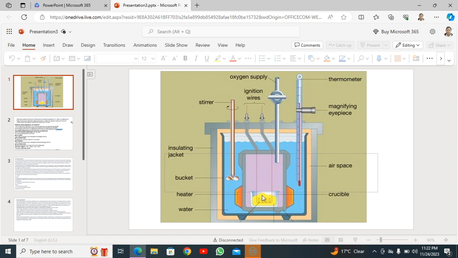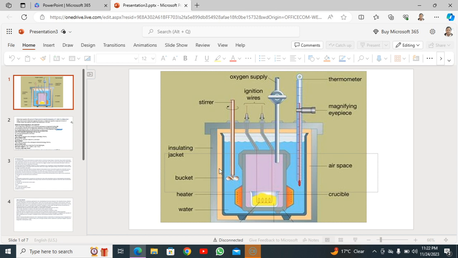Whatever temperature is developed here will transfer to the water, so heat will transfer to the water. Then this is the insulating jacket. Adiabatic means no heat will be transferred through this wall.